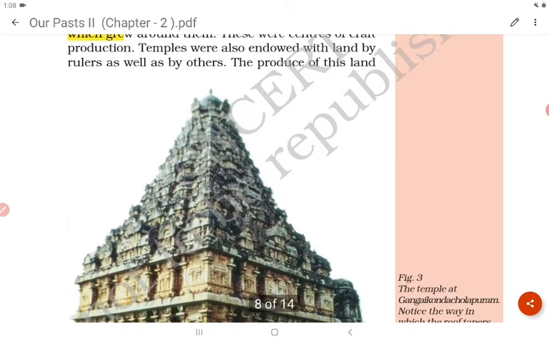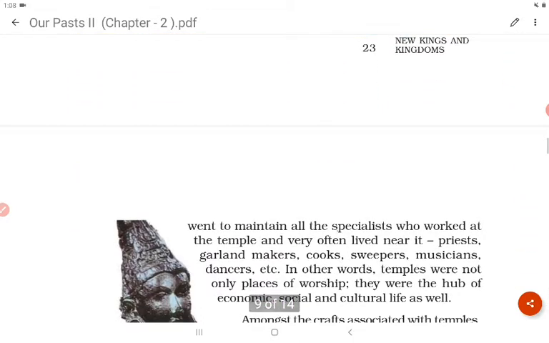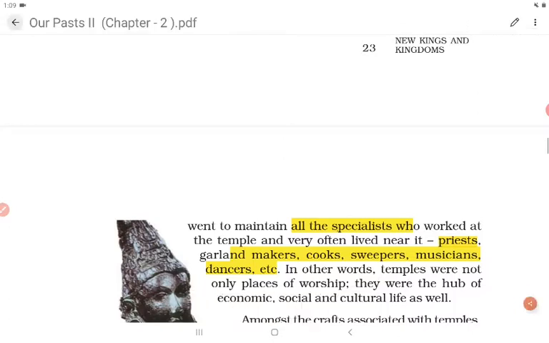The produce of this land went to maintain all the specialists who worked at the temple and very often lived near it, like priests, garland makers, cooks, sweepers, musicians, dancers, etc.